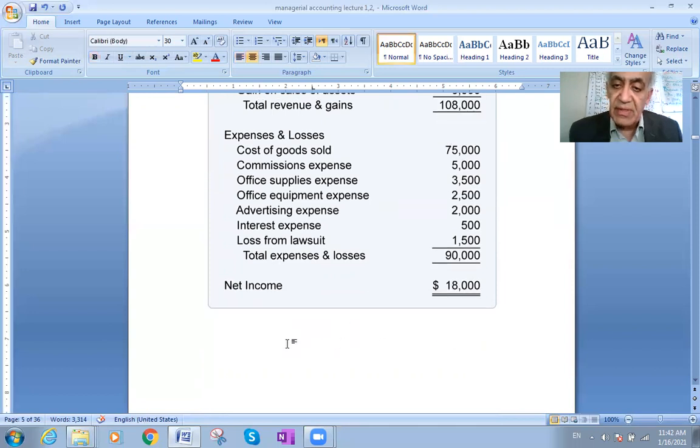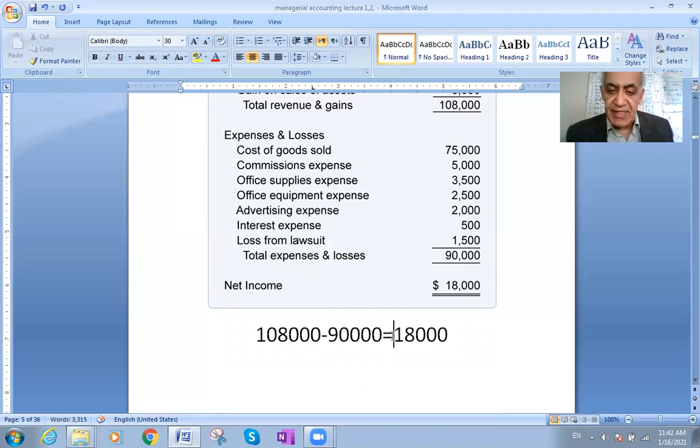Here I will write it down: 108,000 minus 90,000 gives 18,000. And this is, of course, the end of this example.